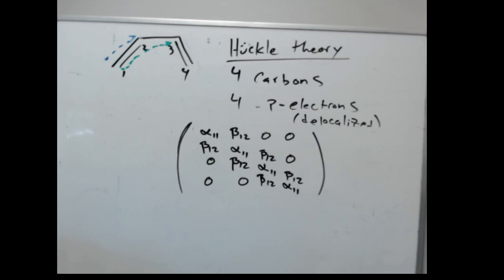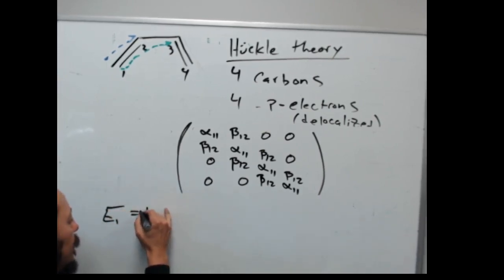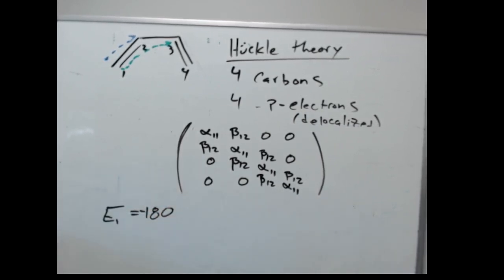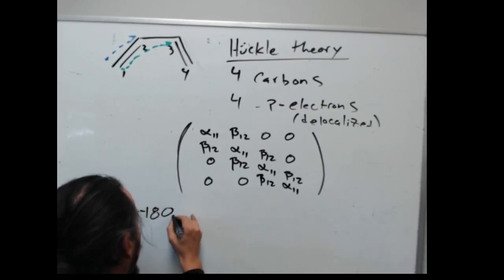So I got 4 different energies. I'm going to do a little bit of rounding. E1 is 180.9.